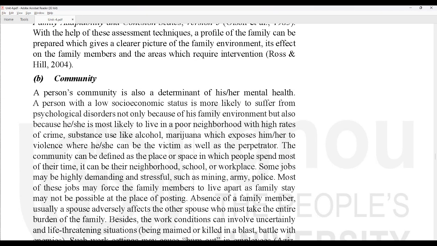With the help of these assessment techniques, a profile of the family can be prepared which gives a clearer picture of the family environment, its effect on the family members and the areas which require intervention. Ross and Hill, 2004.